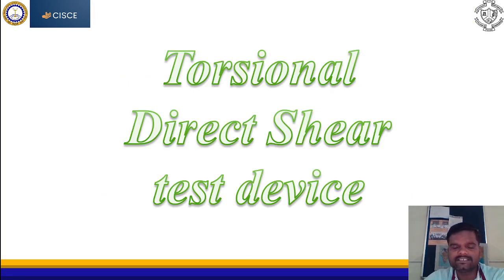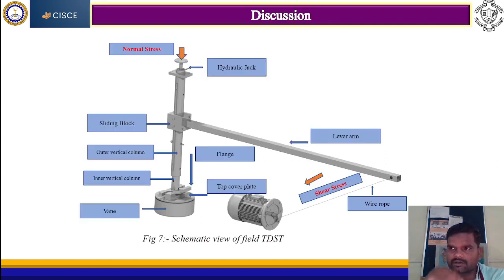So we are trying to design one setup, the torsional direct shear test, which is similar to the vane shear test. This setup we can use in the field also. Here a 90 mm depth vane is inserted into the ground or soil to be tested, and with the help of a vertical column and hydraulic jack system, we apply the normal load on the soil.